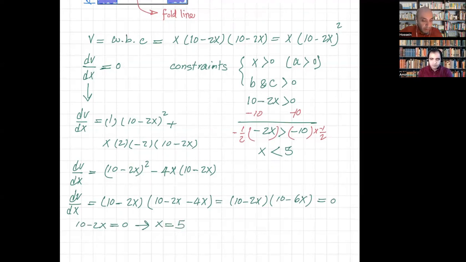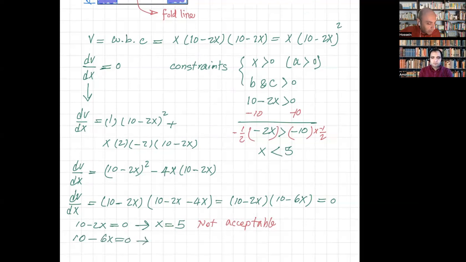Which doesn't make sense, because in the constraint up here we said that x needs to be less than 5. So it's not acceptable. The answer is not acceptable.